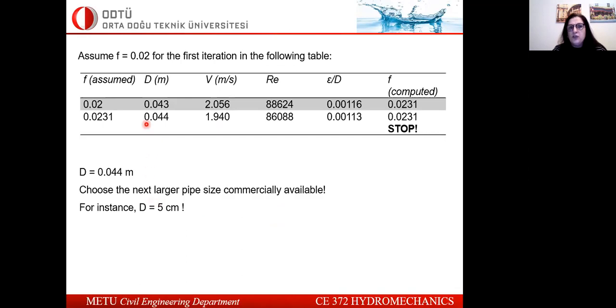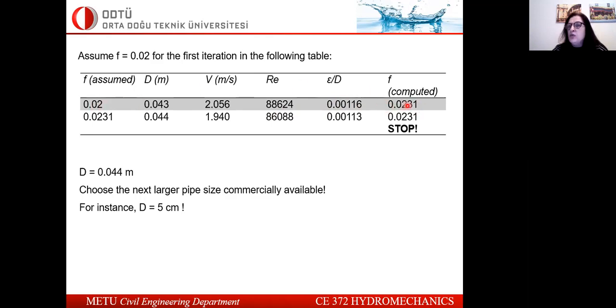And if you do so, your diameter will become 0.043. Use this to calculate velocity in meters per second. With the velocity, you can calculate the Reynolds number. From the D, you can also calculate epsilon over D ratio. And with the calculated Reynolds and epsilon over D ratio, you can calculate the friction factor from Swamee-Jain.